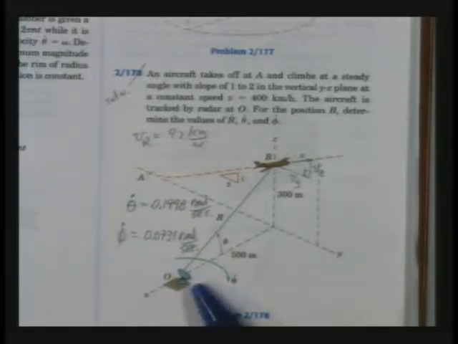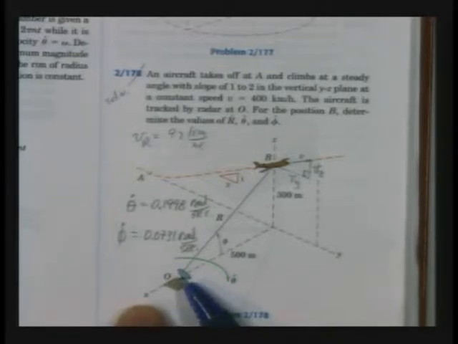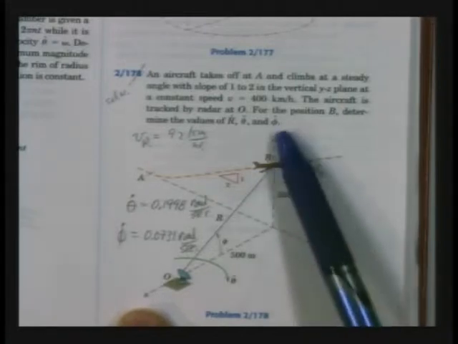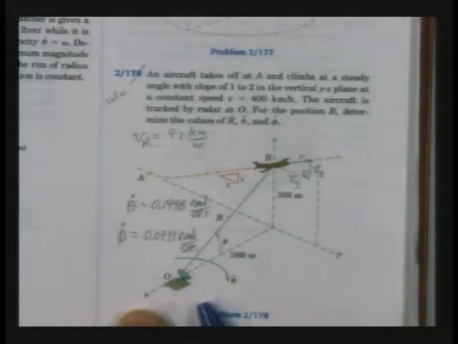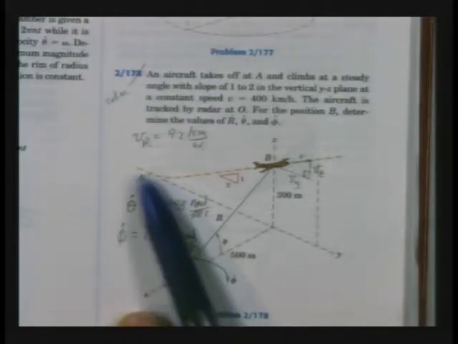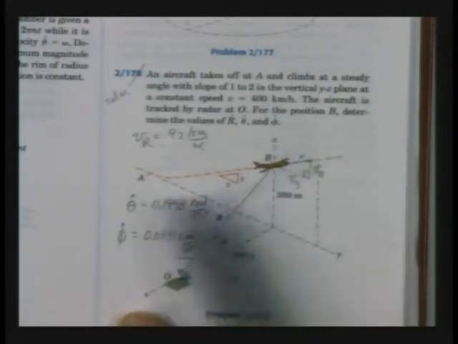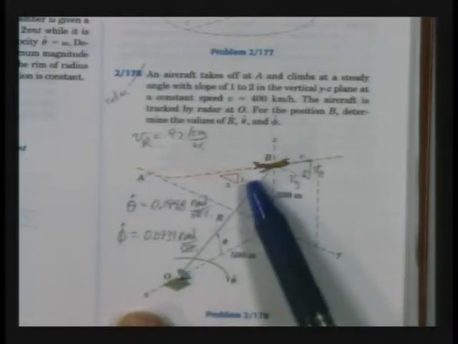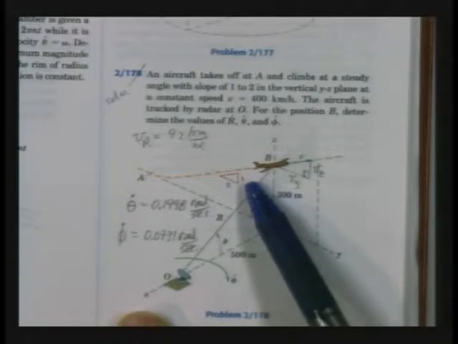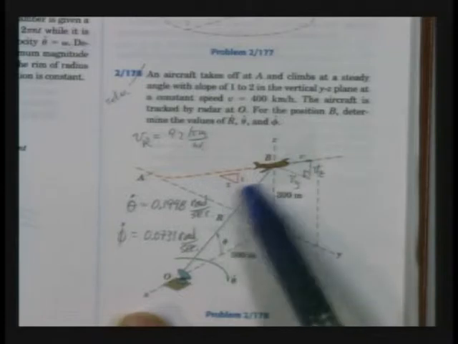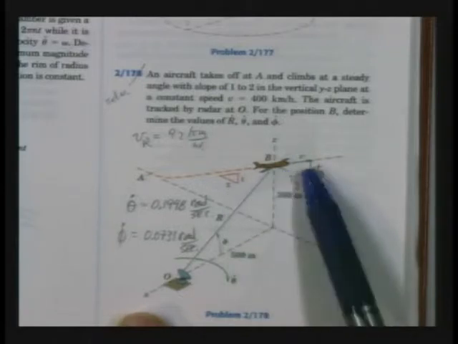Here's your reference point over here, and you can see the defined axes for x, y, and x rotated into y gives you z. So it's a right-handed coordinate system. Notice that the aircraft has taken off and is tracking along the YZ plane, rising at a slope of 1 to 2, and ascending with a certain speed.